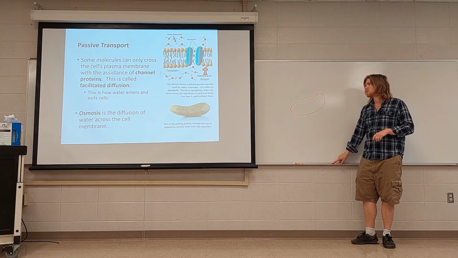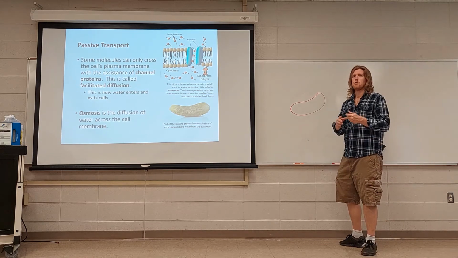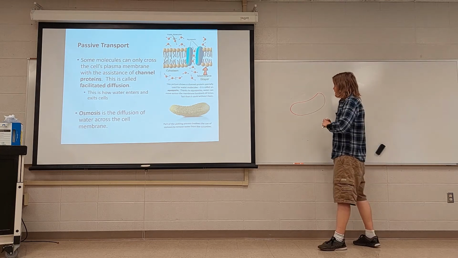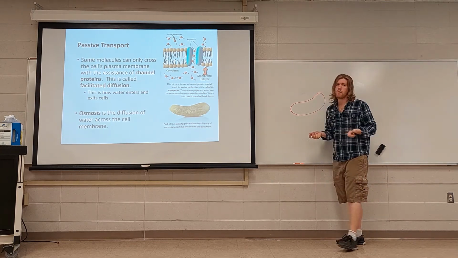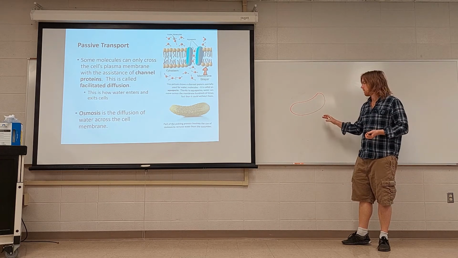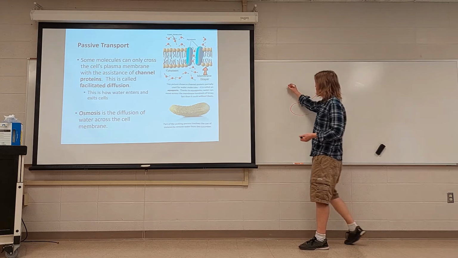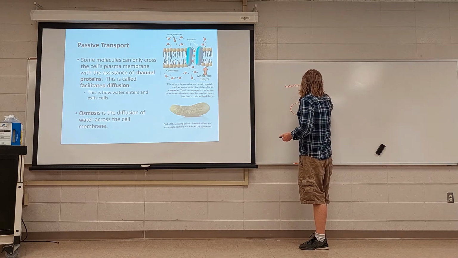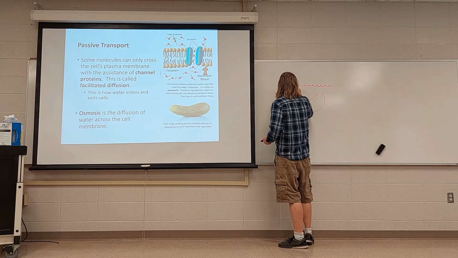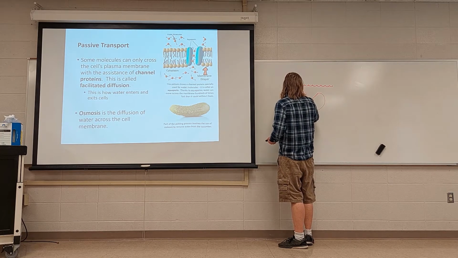So let's go ahead and show how that would work. Here's our cucumber. I don't have a green marker, so pretend that this is green. This is our cucumber. You put it in water that has a very high amount of salt.